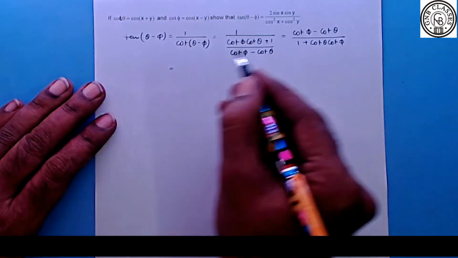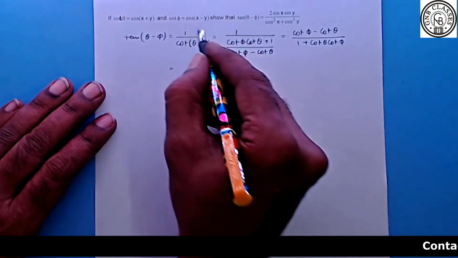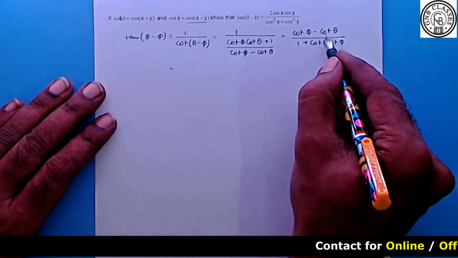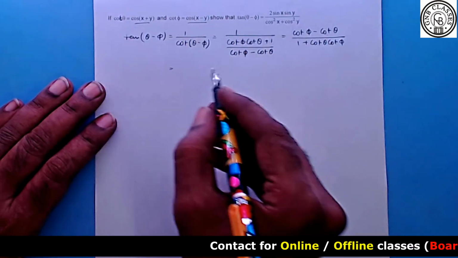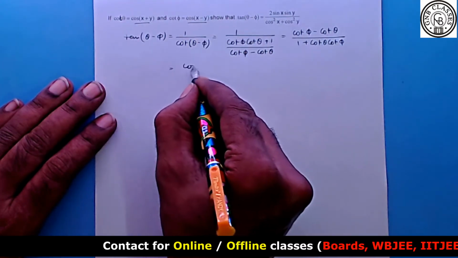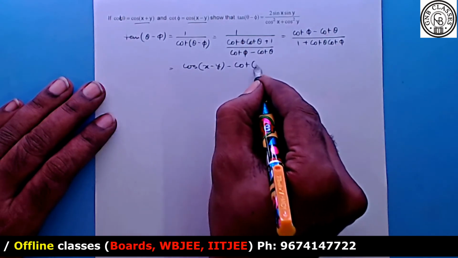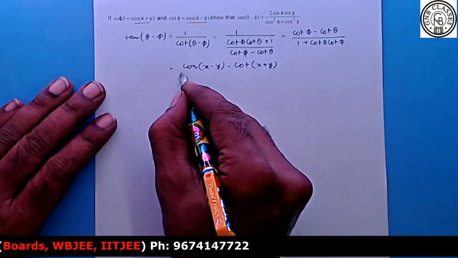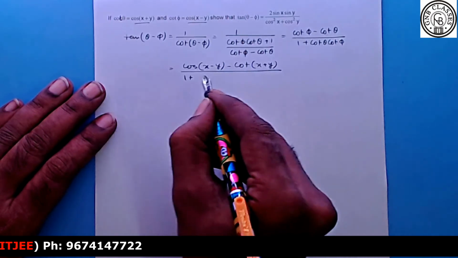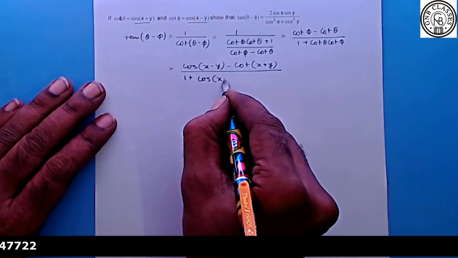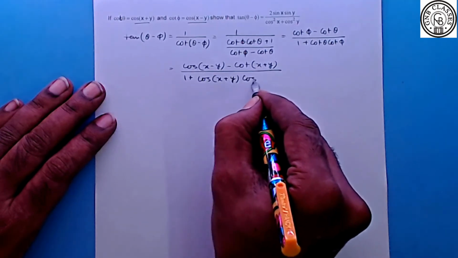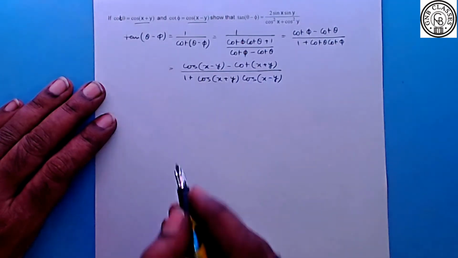Okay? So replace cot phi by cos(x minus y) and cot theta by cos(x plus y), divided by 1 plus cos(x plus y) cos(x minus y).